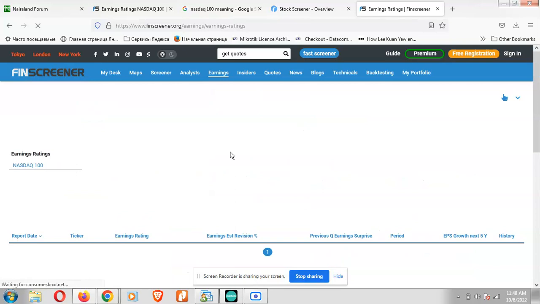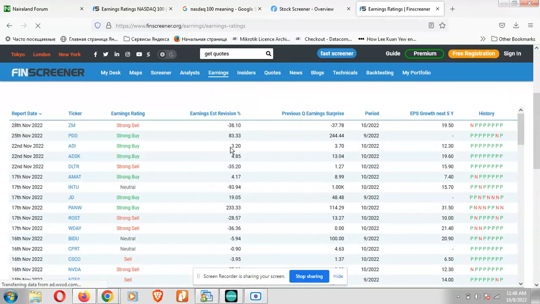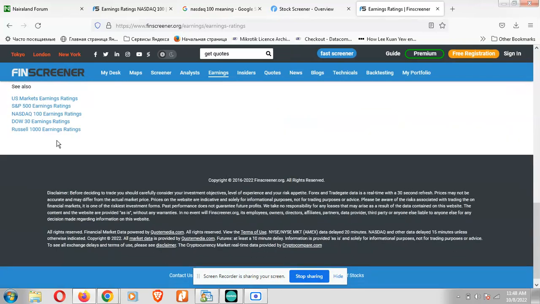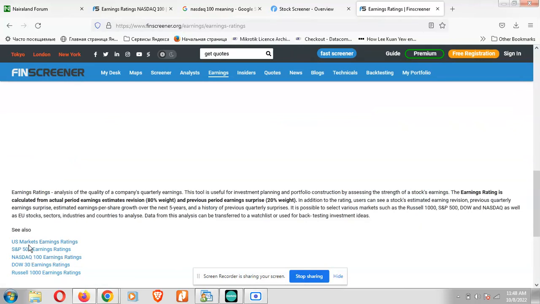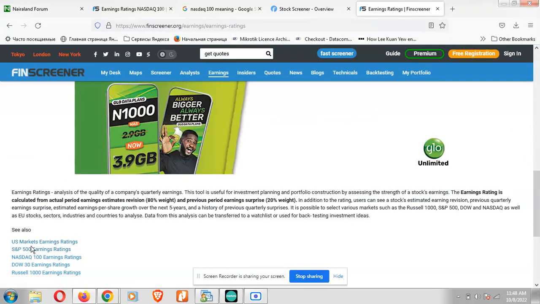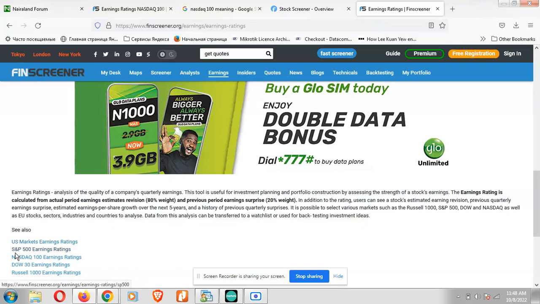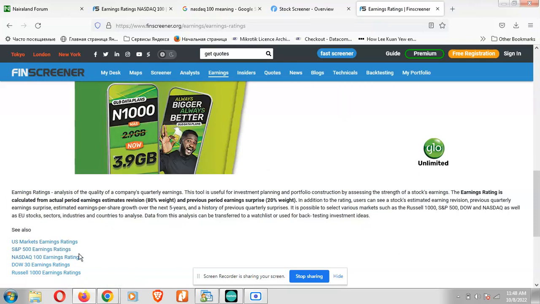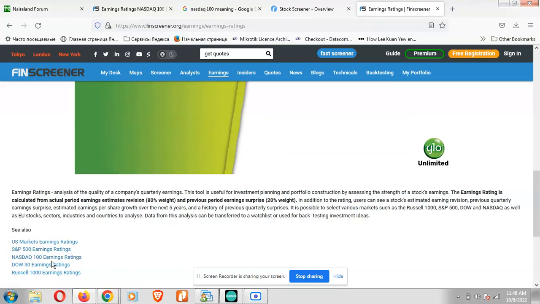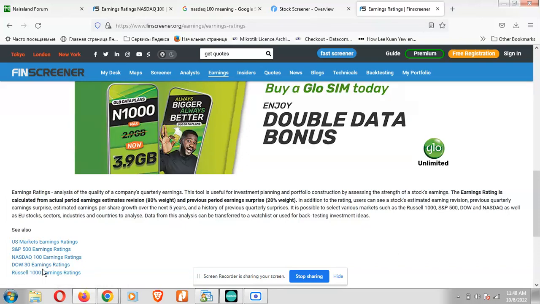Now I want to show you something here. Down this page, you will see US market. Take a look at my pointer on the screen: US market earnings ratings, S&P 500 earnings ratings, Nasdaq 100 earnings ratings, Dow Jones earnings ratings, Russell 1000 earnings ratings.